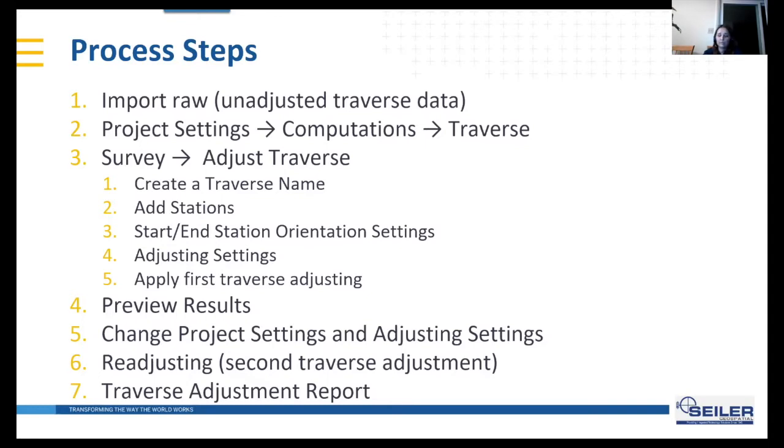Then we will come back to adjust traverse menu and create a name for our traverse, add our stations, and changing the station settings like start and end station orientation settings. We will check the adjusting settings and then apply the traverse adjustment. Then we're gonna see the results, and depending on the results, we try to change some settings and readjusting. Then just release a traverse adjustment report at the end.